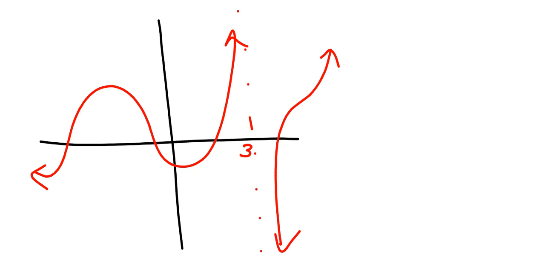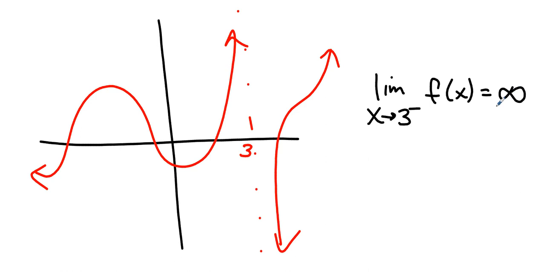Then we would say that the limit as x approaches 3 from the left of f of x appears to be that this thing goes up, up, up, and it never ever stops, and it increases without bound. And when it increases without bound, we call that limit positive infinity. We say that the limit is positive infinity.